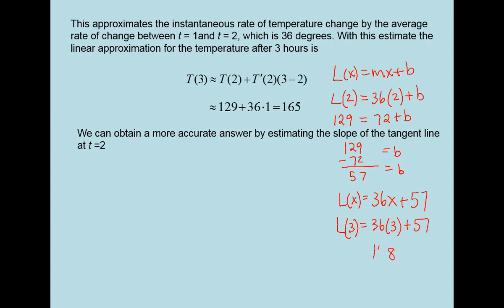So we'd have 108 plus 57, and that's where we're getting our 165 degrees. So that's where this came from. If we found the equation of the tangent line and then plugged in 3, we get 165 degrees. That would be our estimate for the temperature at 3 hours.